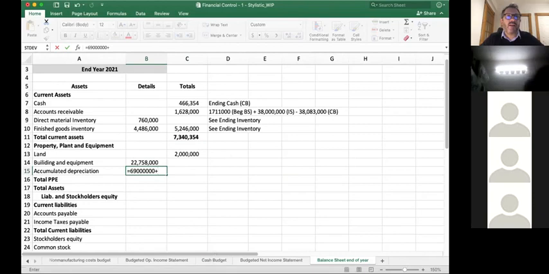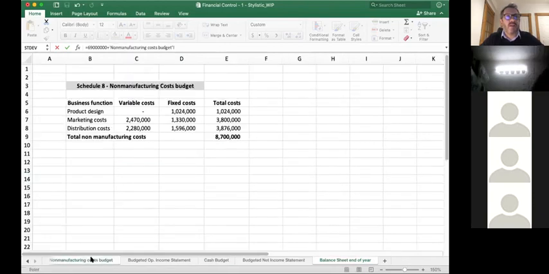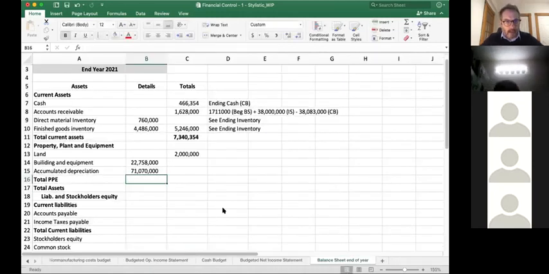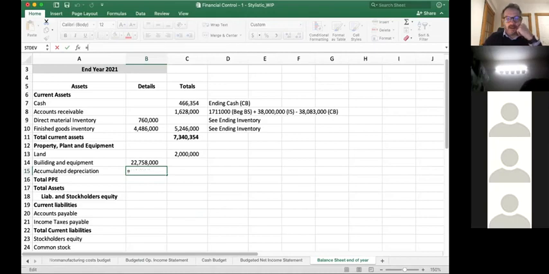Okay, and for the accumulated depreciation, we have the beginning accumulated depreciation. Plus we have to find the depreciation. Not easy to find this one, I guess, because it's in the manufacturing cost that we need to find it. So we got some depreciation here and some depreciation here. So okay, so it's not the same amount. So let me do it again.